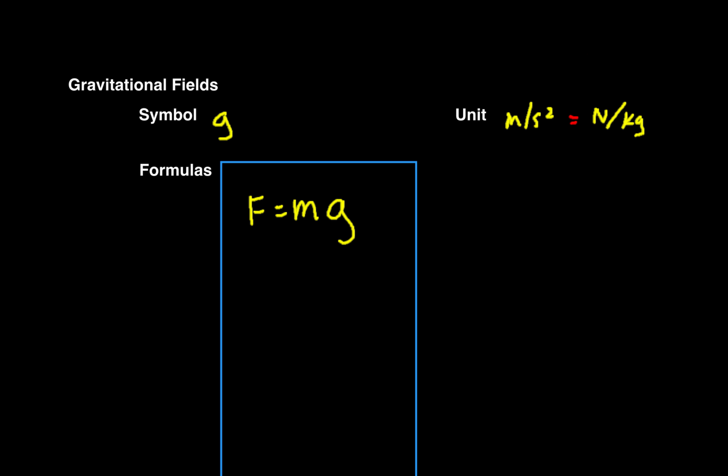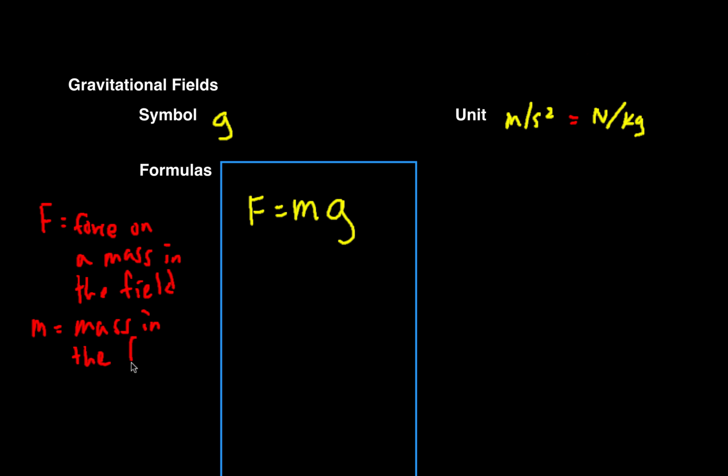For the purposes of these formulas, I'm going to use F to be the force on a mass in the field at that location. Little m is the mass in the field, and I'll use capital M to designate the mass that's causing the field.